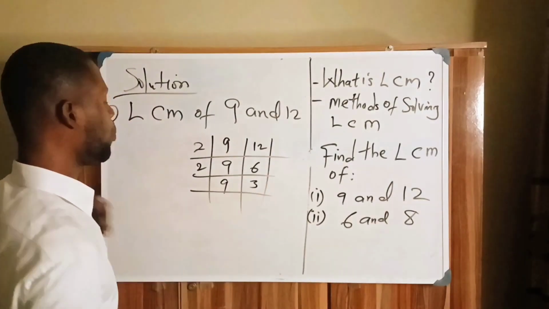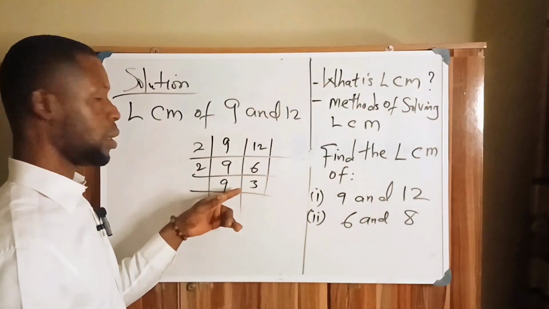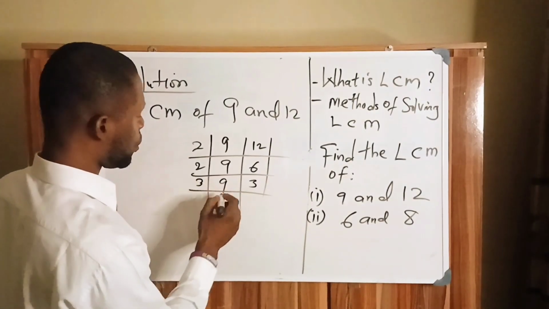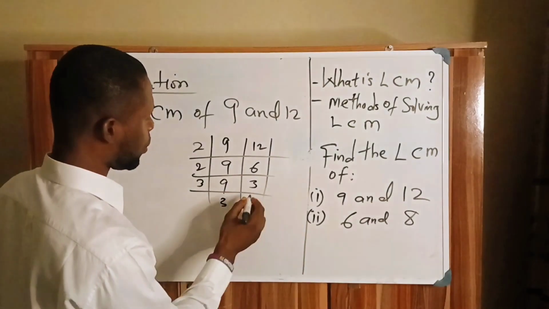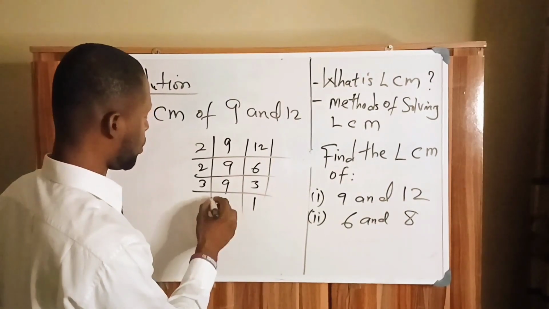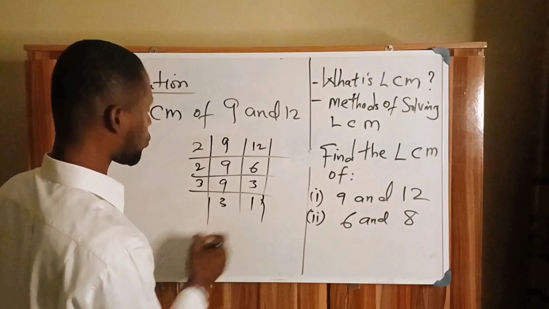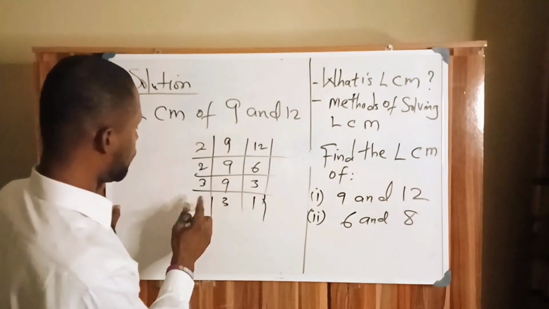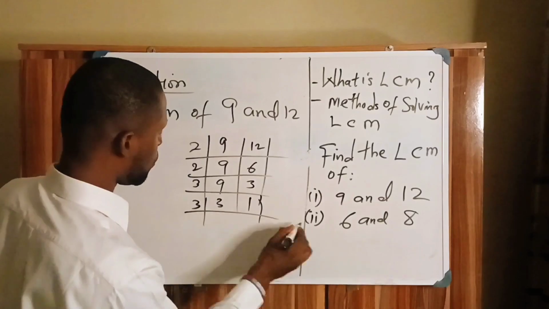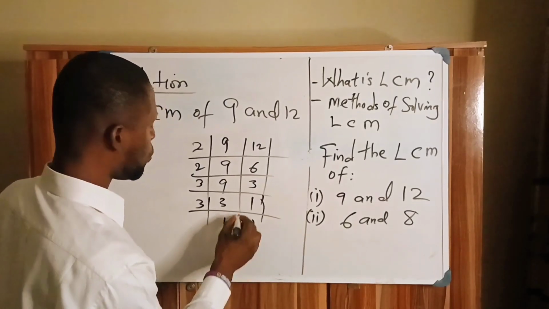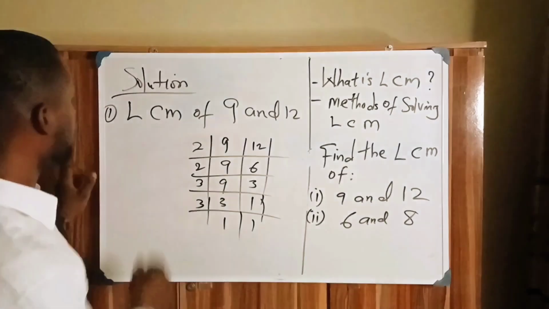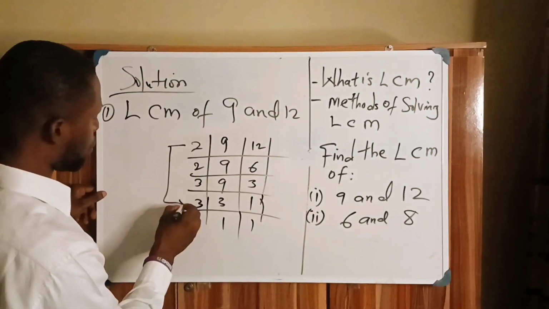So we look for a number that can divide 3 and 9. 3 can go. 3 divided into 9, we are going to have 3, and 3 divided into 3 we are going to have 1. Then we continue. We look for a number that can divide 3. 3 divided into 3, we are going to have 1. So once you get to 1, you stop.